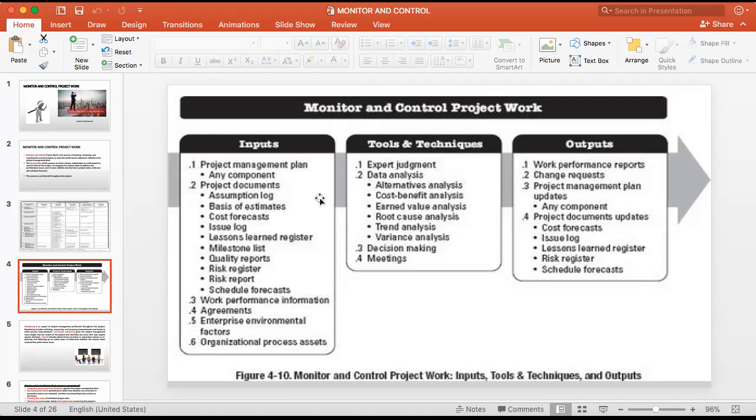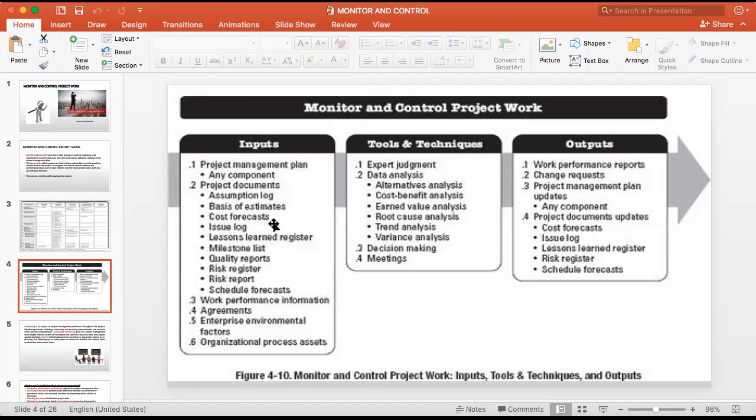And the other thing, as always, you will need all these project documents: your assumptions, your estimates, the estimation type, basis of estimates, your cost forecast, issue logs, milestones, and all these documents. You will need them as input when you do this monitoring and control process, because you have taken certain decisions in these documents.